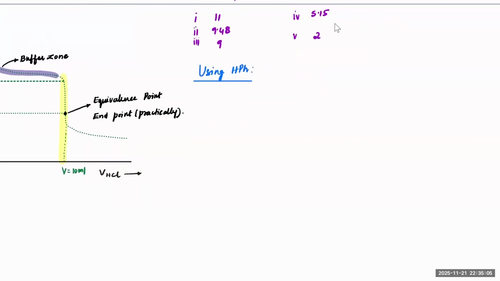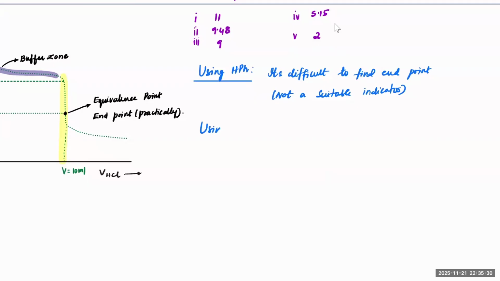So using phenolphthalein, it's difficult to find the endpoint. So it is not a suitable indicator.